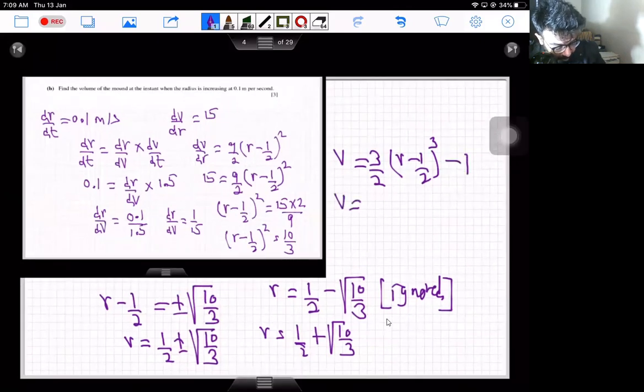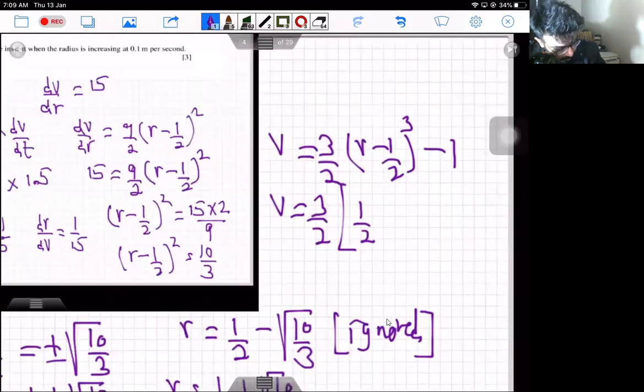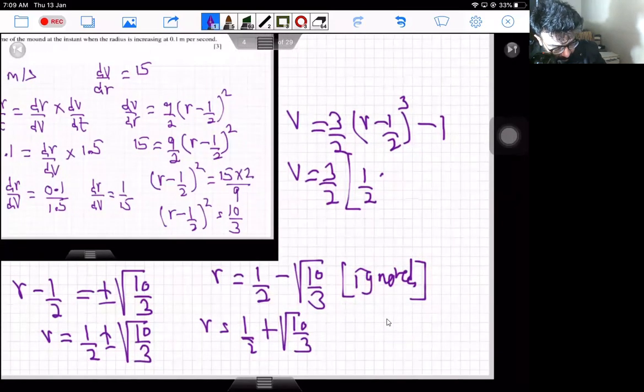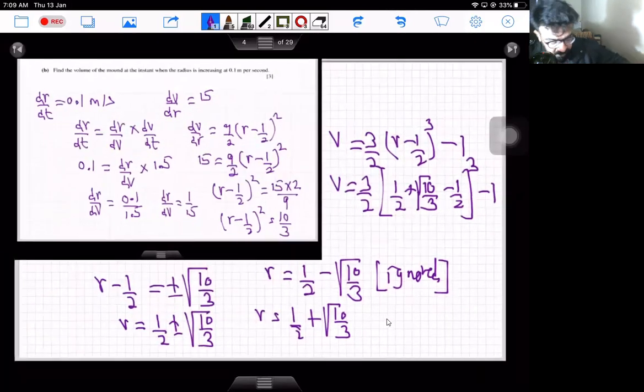So v is equal to 3 over 2, the constant term, multiplied by (1 over 2 plus the square root of 10 over 3 minus half) the whole thing cubed and then minus 1. As you can see, half and minus half cancel out. So in the calculator you can write 3 over 2 multiplied by (the square root of 10 over 3) the whole thing cubed and then minus 1.